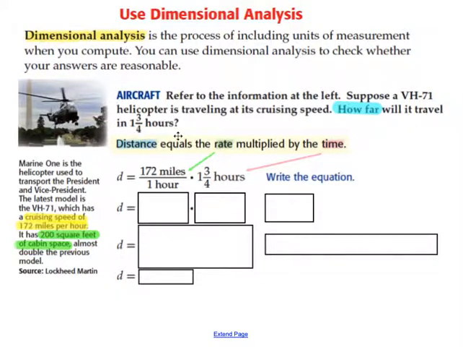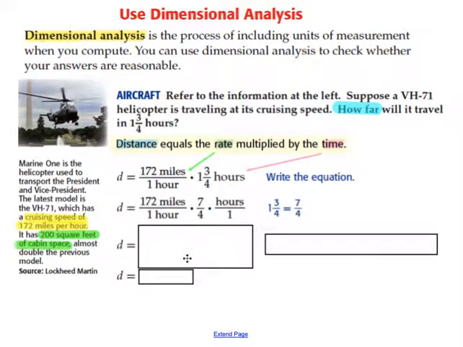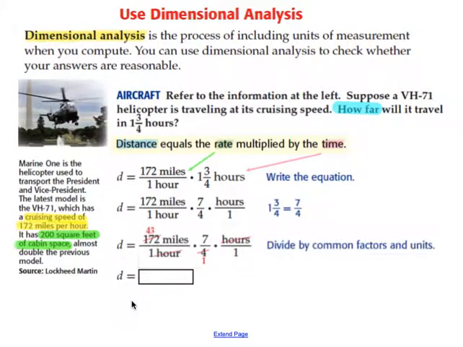Okay, and it told us that it takes 1 3/4 hours. Well, this 1 3/4 needs to be written as an improper fraction. So 1 times 4 is 4 plus 3, which is 7 over 4. Multiply by 172. So we can go ahead and multiply across. So we get 172 times 7/4, but 4 goes into 172, 43 times.